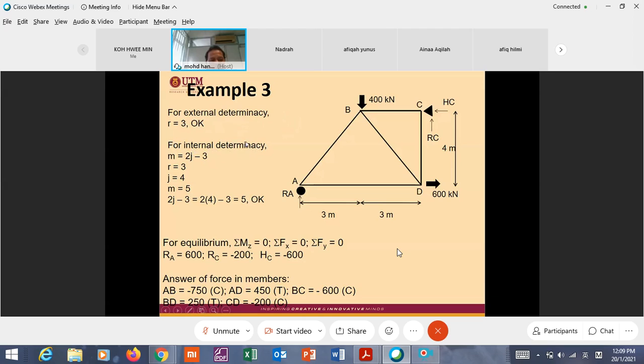It has been explained last week. Now this is the formula. If you couldn't understand the derivation, we just memorize the formula. M equal to 2J minus 3. R is reaction, J is number of joints, M is number of members. There are 3 reactions, 4 joints, 1, 2, 3, 4, and 5 members.